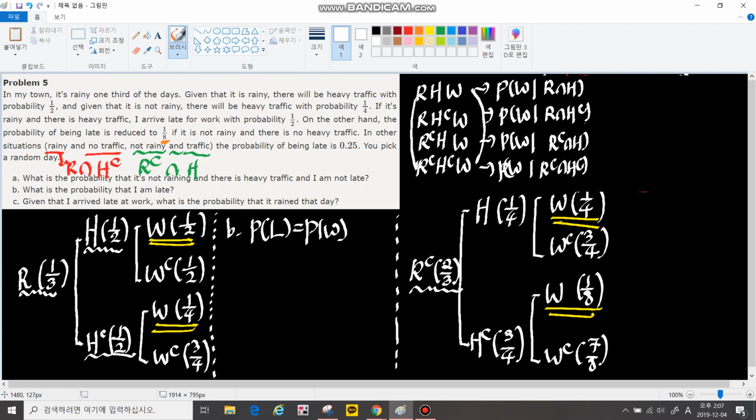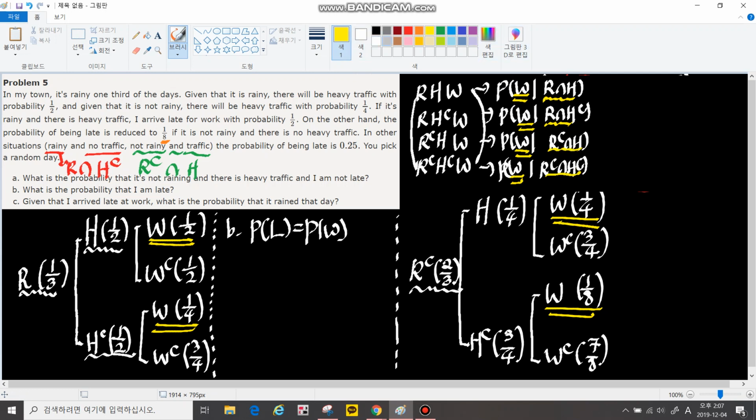Oh my God, there's a lot to consider here. It's so complicated that I keep making verbal mistakes. But the probability that he's late, given that this is going on and this is going on and this is going on, right?